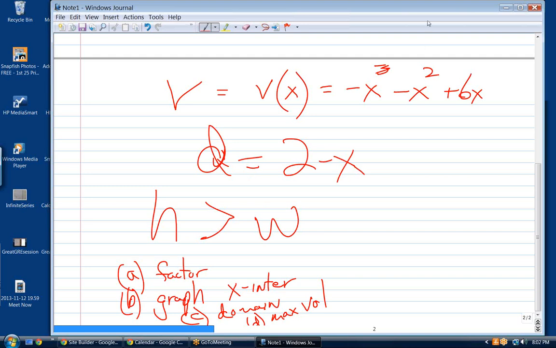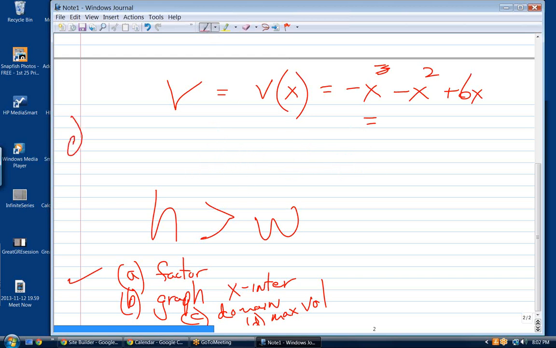Well, let's start by tackling this polynomial equation. What's the first thing we can do to it? Let's factor it. What's the first step of factoring it?